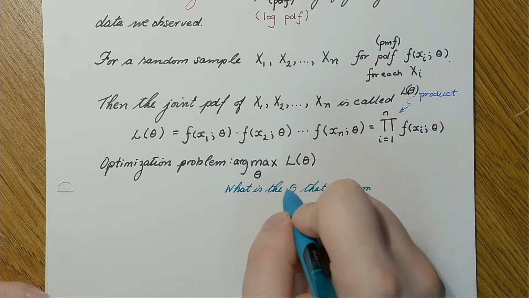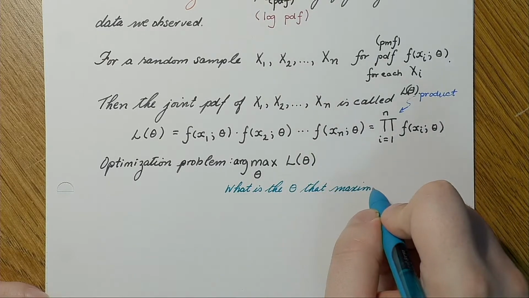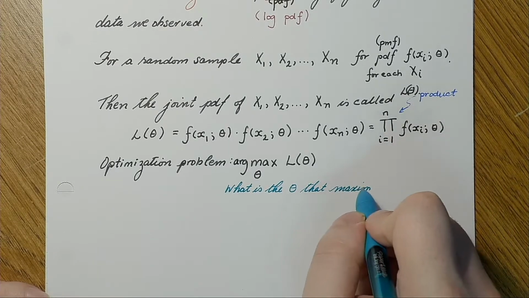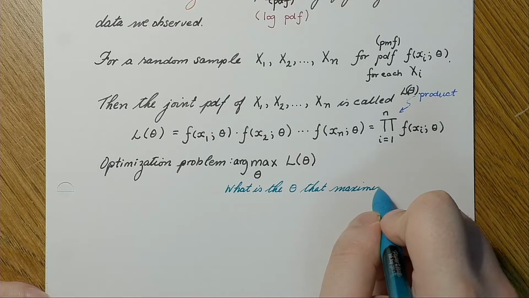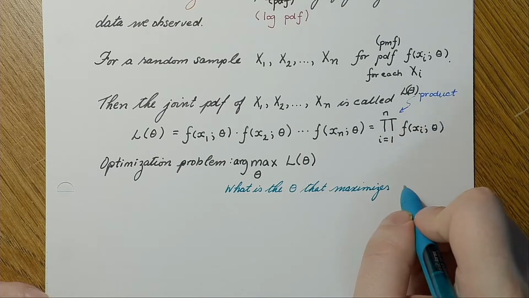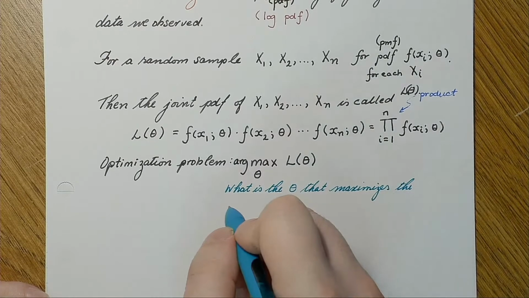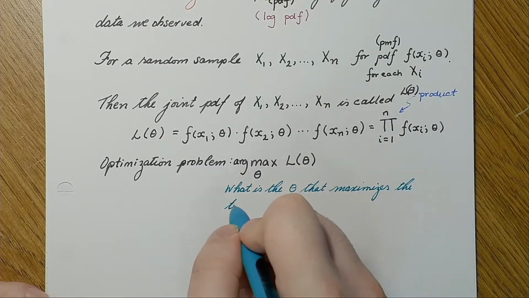So what is the theta that maximizes the likelihood function?